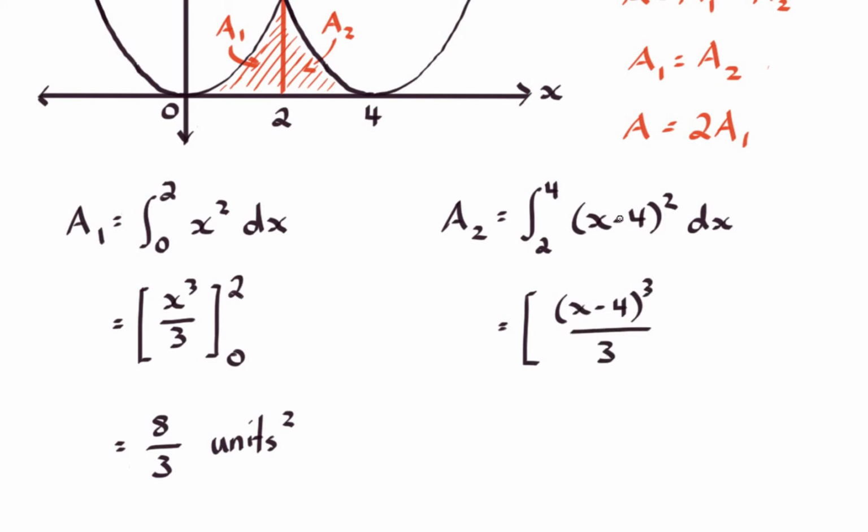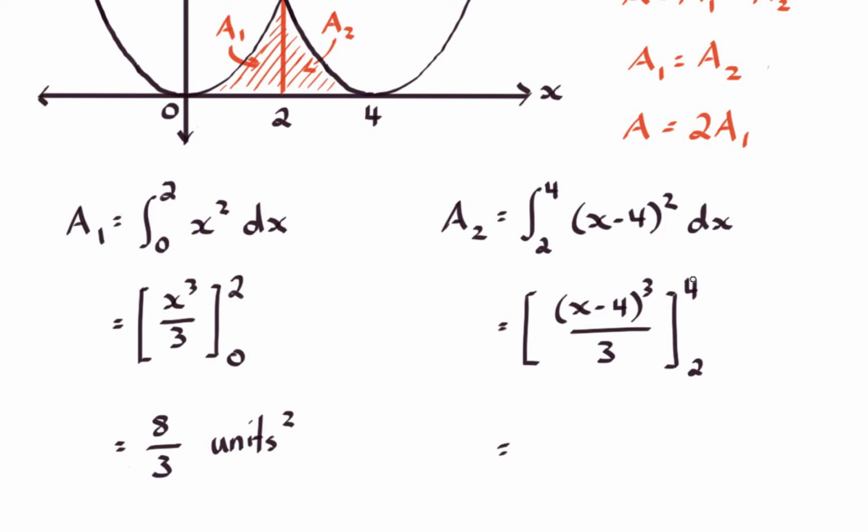But this is an easy chain rule because the inner brackets here, the x minus 4, the derivative is just 1. So we actually don't need to do anything further. We can leave it like that. Remember, if you're ever unsure, just differentiate your answer and it should take you back to the original integral.